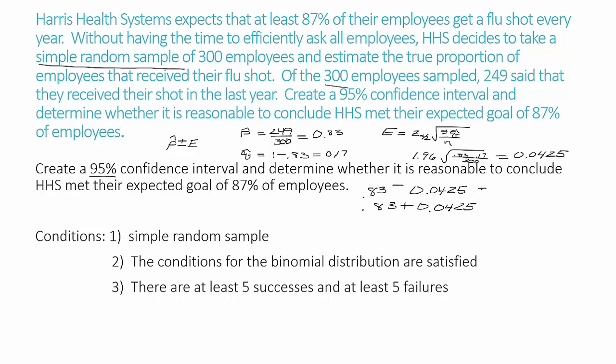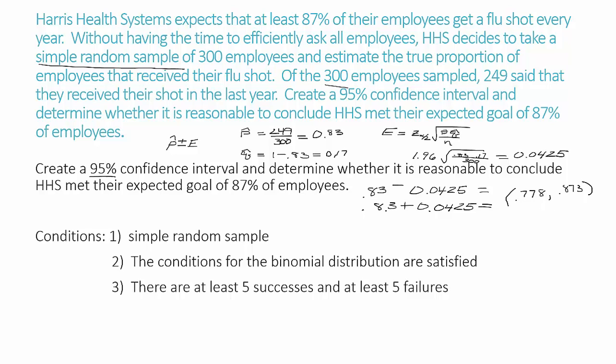I'm going to round both of those numbers to 3 significant digits, and that gives me a confidence interval of 0.778 to 0.873. So I am 95% confident that the true proportion of employees who got their flu shots is between 0.778 and 0.873.